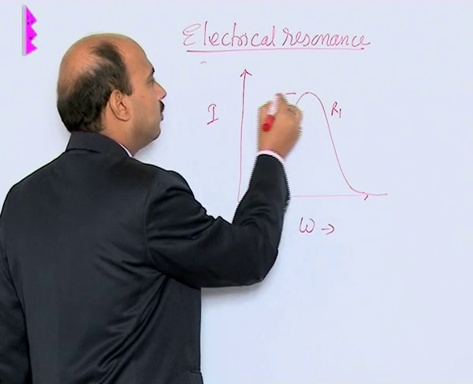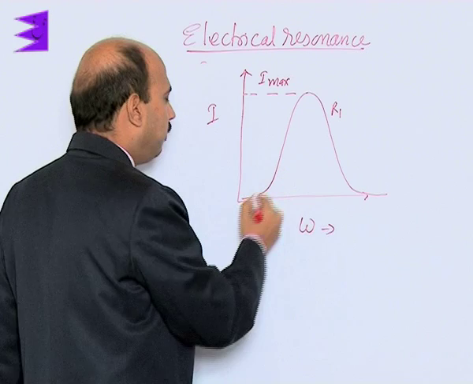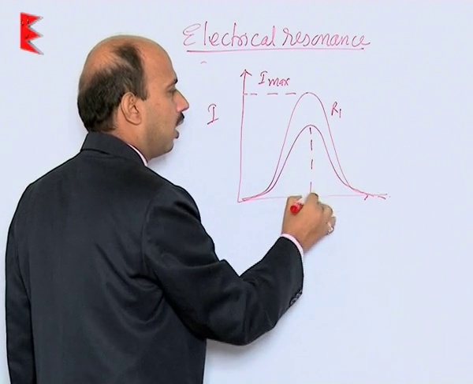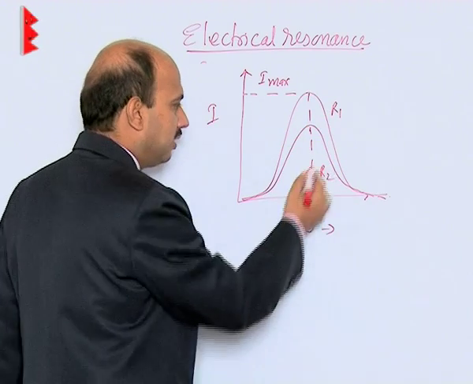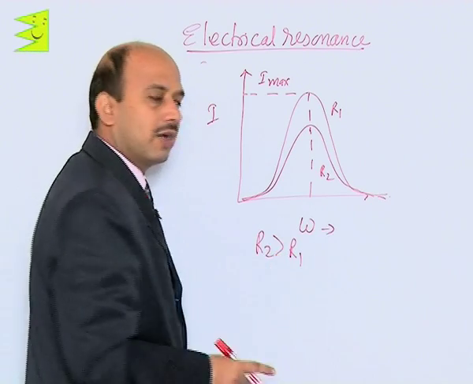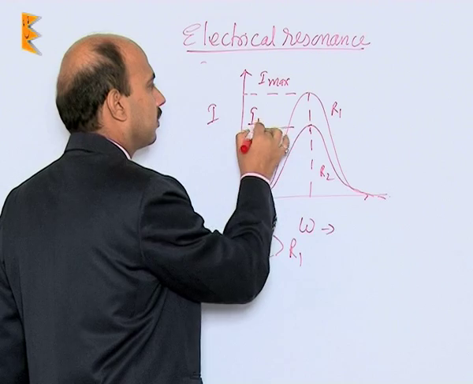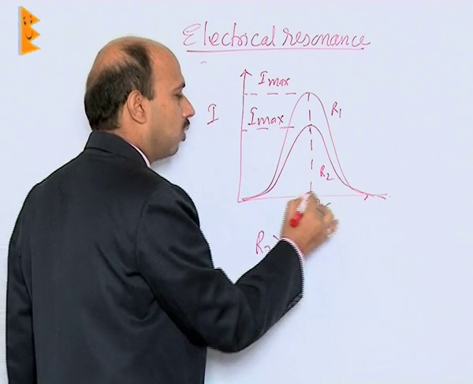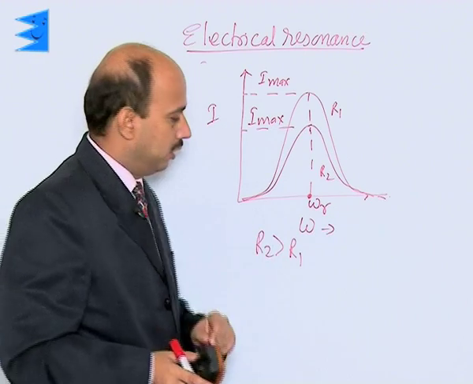This is the maximum value of current. Similarly, if we change the resistance, we get this graph for R2 and this for R1. Obviously, R2 is greater than R1 because the peak value of current for R2 is less. This is your I maximum, and the frequency at which this happens is called omega R, the resonant angular frequency.